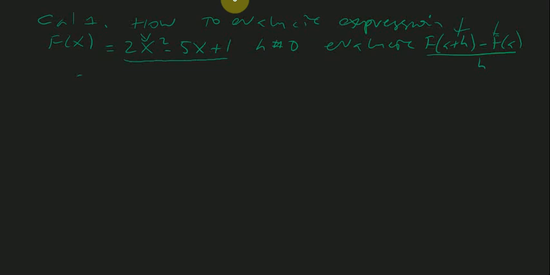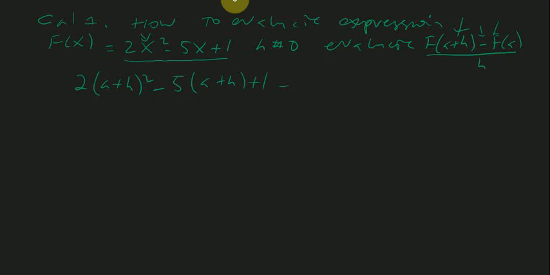So we say 2, and now x is coming: 2 times a plus h squared, minus 5 times a plus h, we keep replacing x, and then plus 1, and then minus f of a.